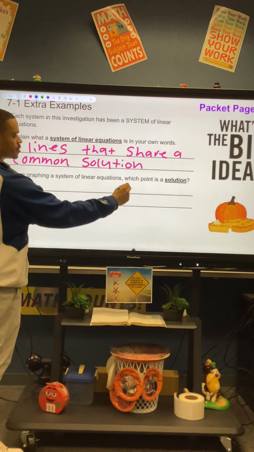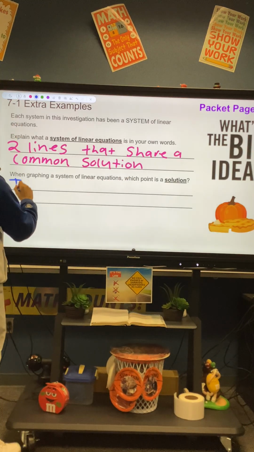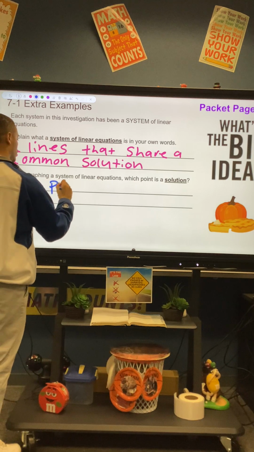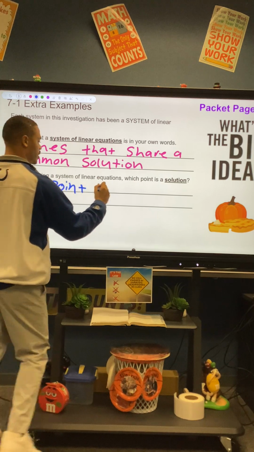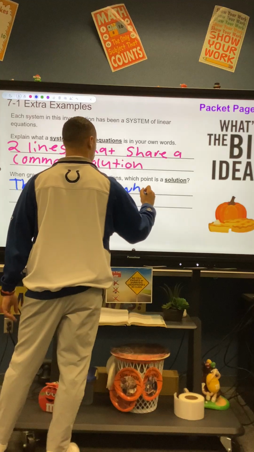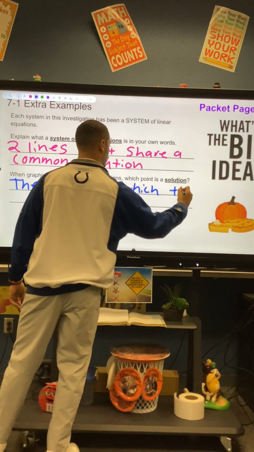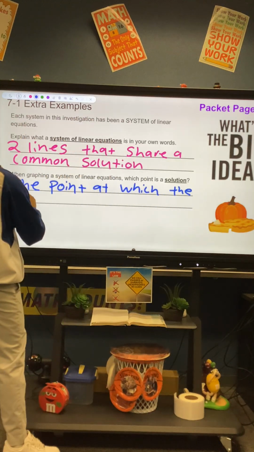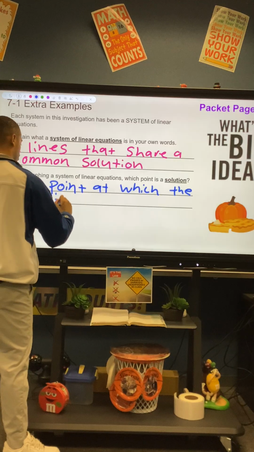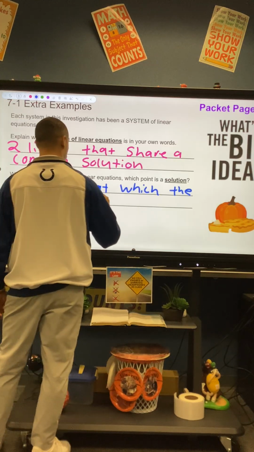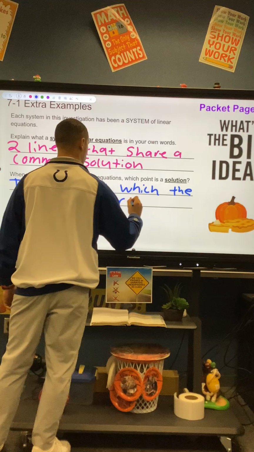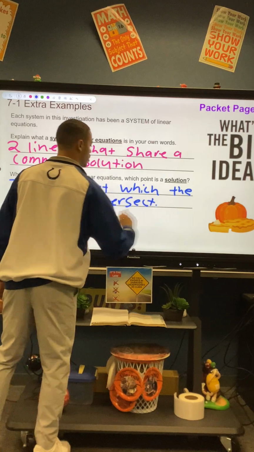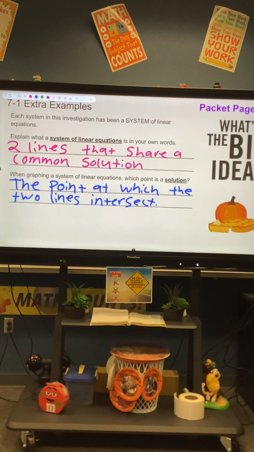So which point is a solution? The point at which the two lines intersect. That is my solution.